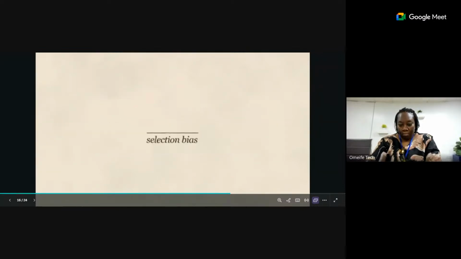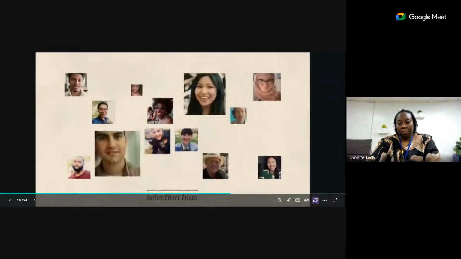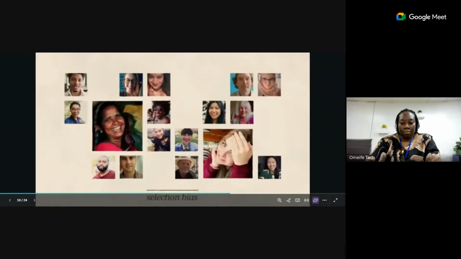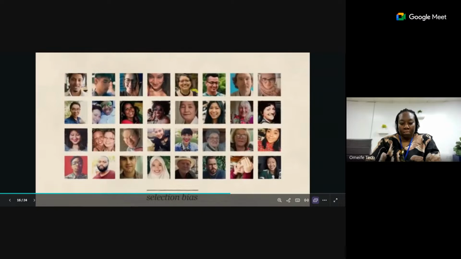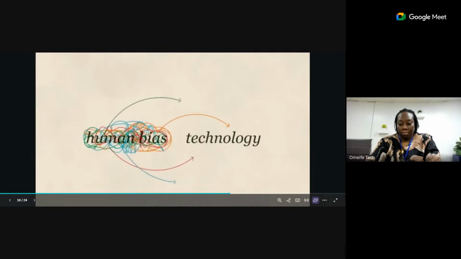And selection bias. Say you're training a model to recognize faces. Whether you grab images from the internet or your own photo library, are you making sure to select photos that represent everyone? Since some of our most advanced products use machine learning, we've been working to prevent that technology from perpetuating negative human bias.